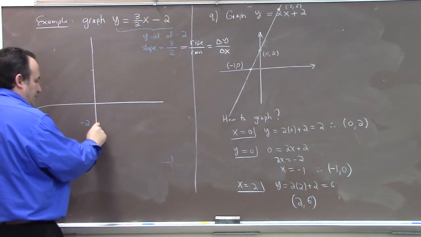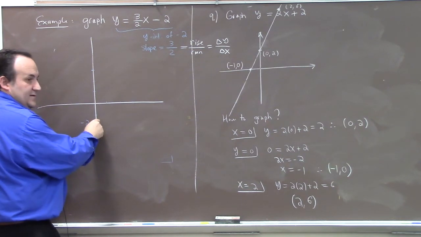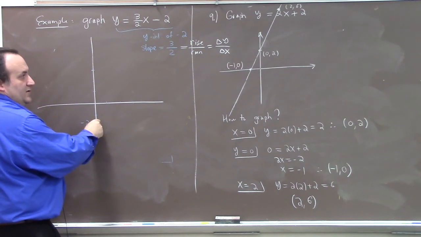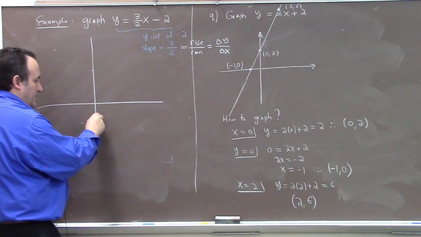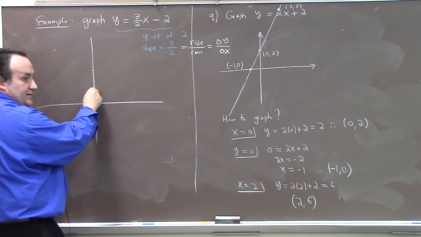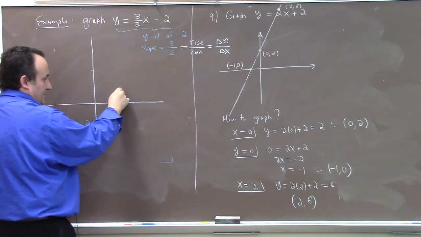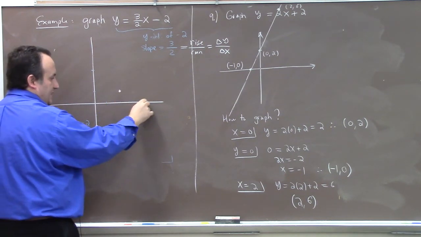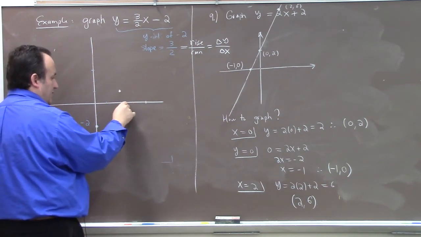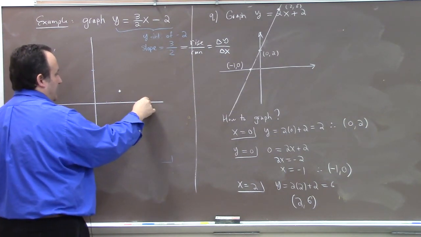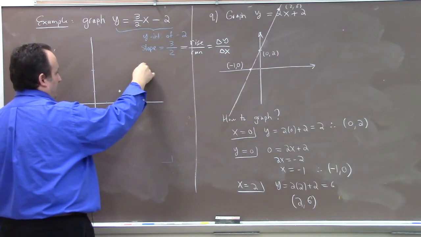So here's one point on the graph, the y-intercept, right? Then what am I going to do? I'm going to go up 3, 1, 2, 3, over 2. So that gives me this point, right? And then I do it again, rinse and repeat. I go over 2, I go up 3, yep.